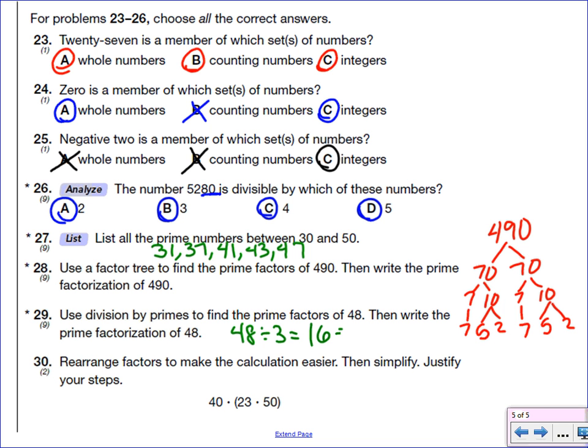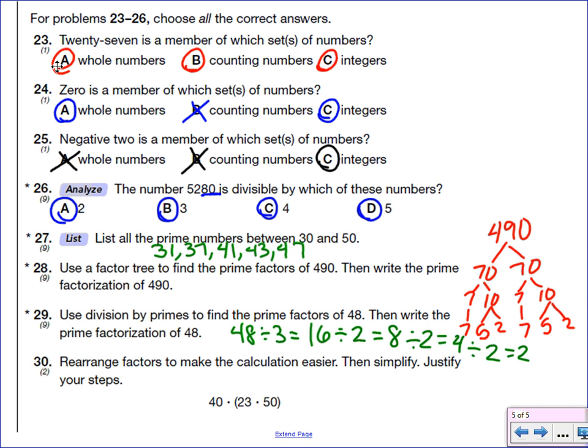And then I divide that by 2, which is a prime number, which gives me 8. And I divide that by 2, which gives me 4. And I divide that by 2, it gives me 2.